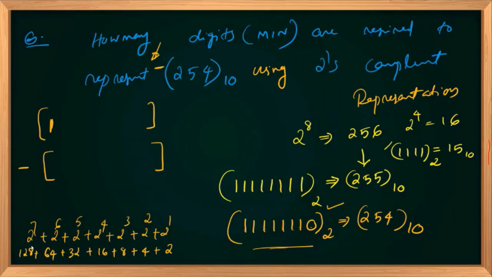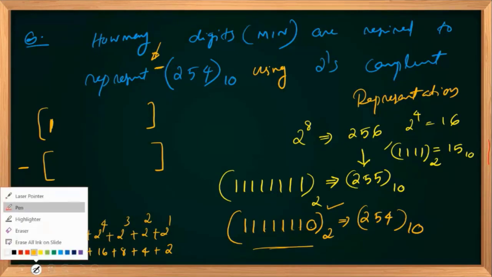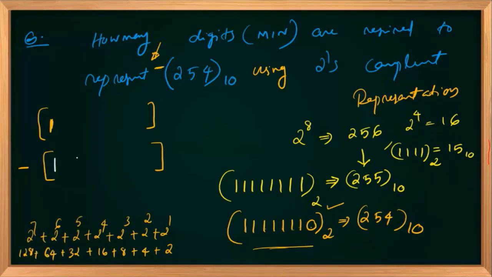So using 9 digits, Ashok is saying that it will be 1, then 6 zeros, followed by 1 0. 9 digits. So he's saying this is the pattern.